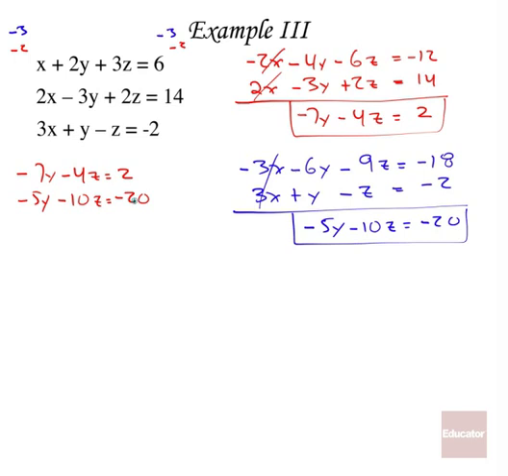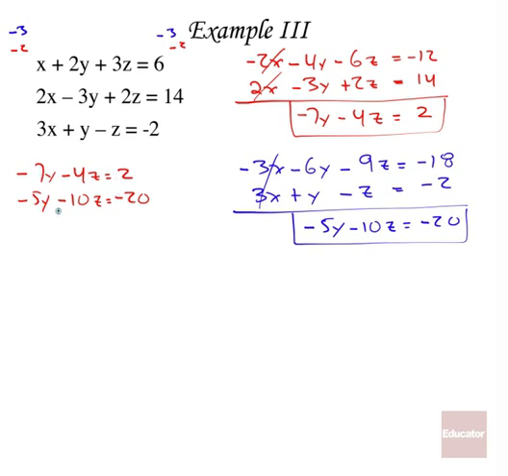Good. So now we have a little bit of a choice to make. Do we eliminate the y or do we eliminate the z? Again, it's a personal choice. I'm going to go ahead and eliminate the y for no other reason than I'm just going to work from left to right. Not a problem. So I need the y's to disappear, and they're both negative.